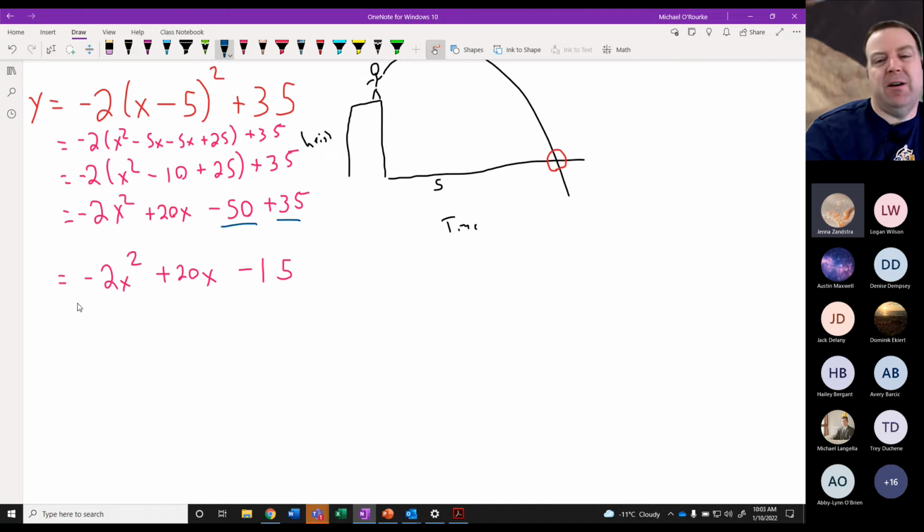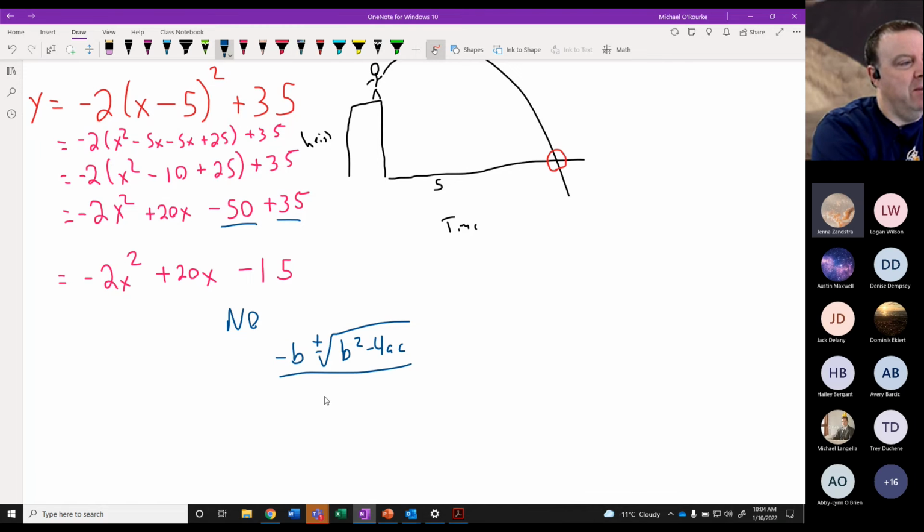Does this look like something we could factor really easy, yes or no? Yes or no, does that look like something you could factor super easy? I consider that a no, personally. So then we would use our quadratic equation, b squared minus 4ac divided by 2a. So that'd be our next step, is to put this into that. But we won't do that right now.